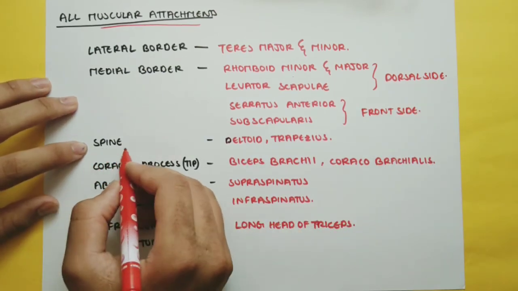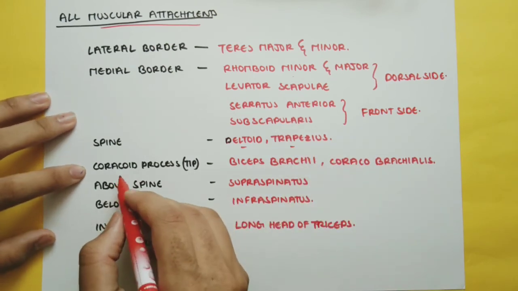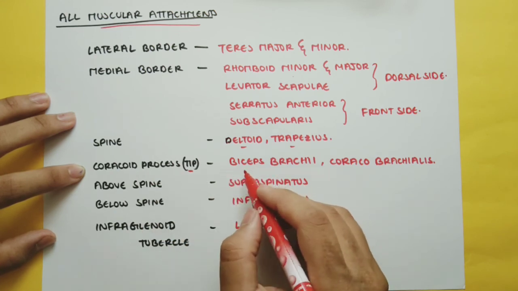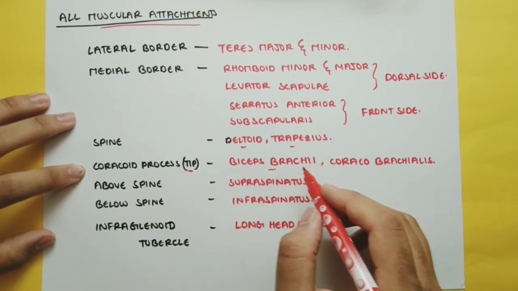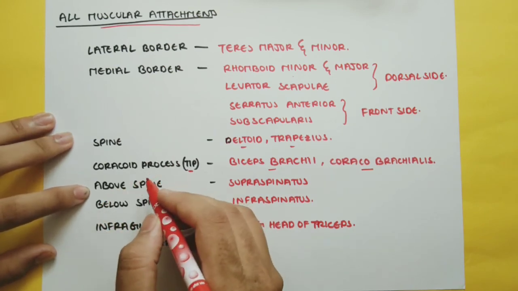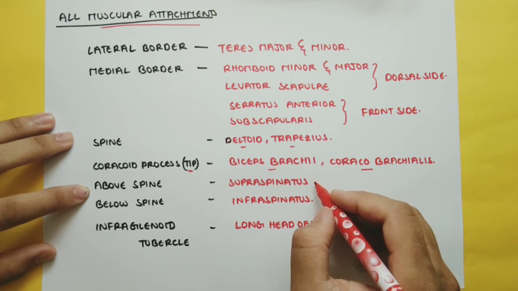The spine of the scapula gives the attachments for the deltoid and trapezius muscles. The tip of the coracoid process gives the attachments for biceps brachii and coracobrachialis. Above the spine, the supraspinatus originates from the supraspinous fossa.